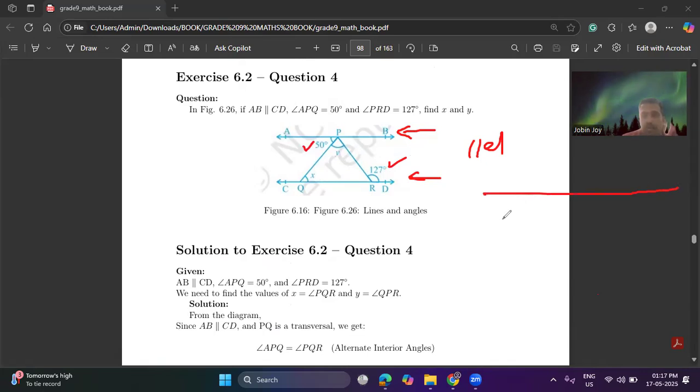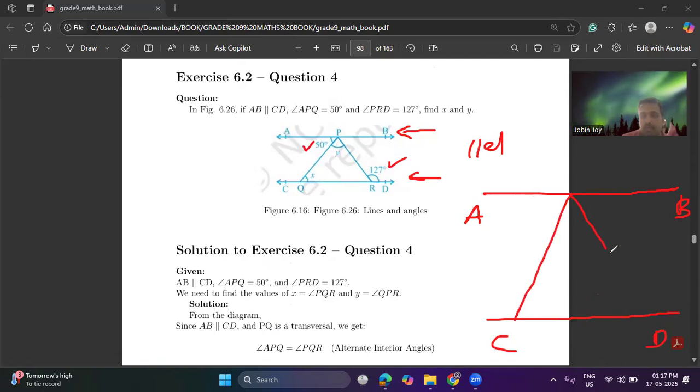So I will draw a line like this. This is AB. This is another parallel line CD. So we have a triangle like this. So calculate X. This is X and this is Y. Calculate X and Y. So this angle is given, 50 degrees.